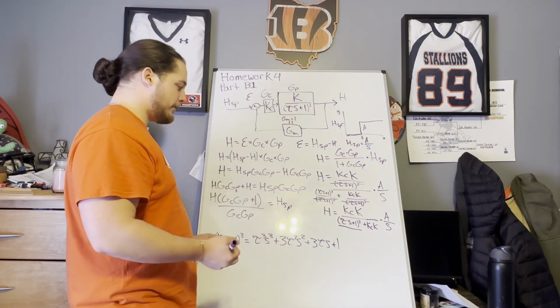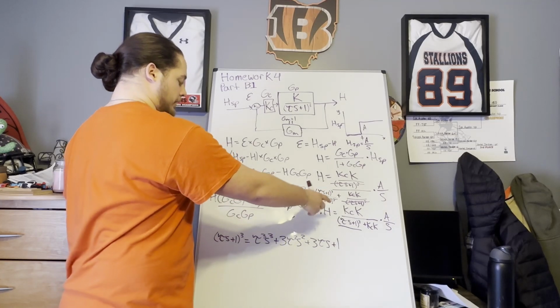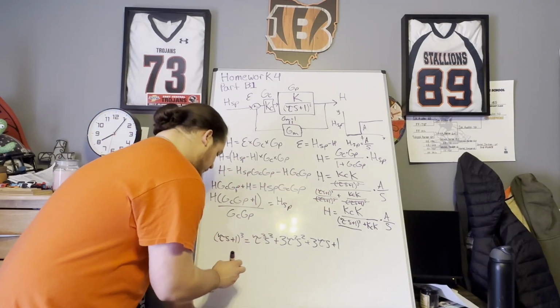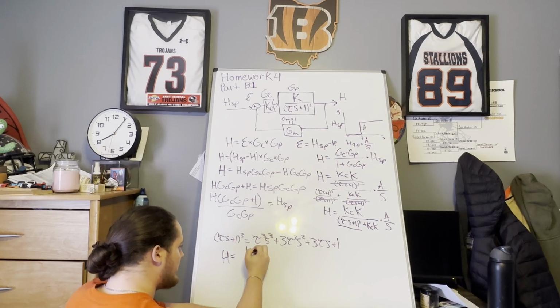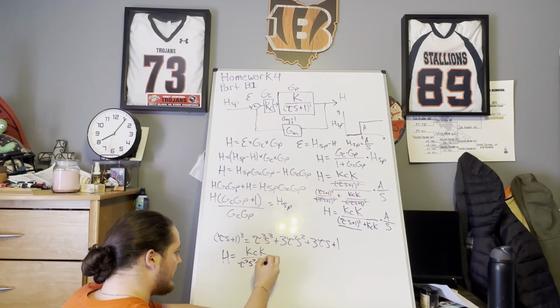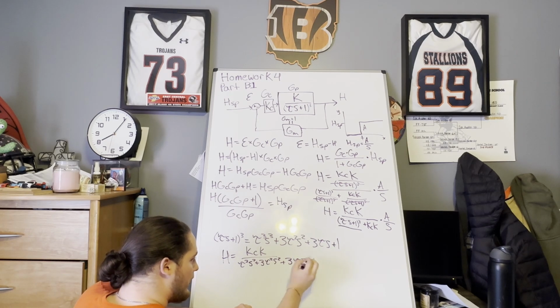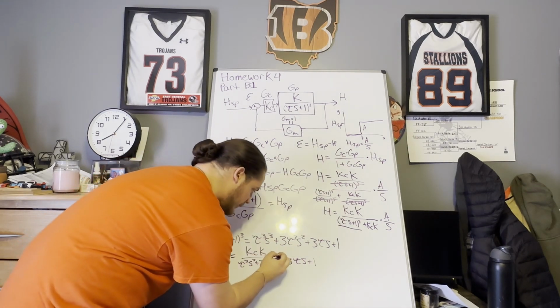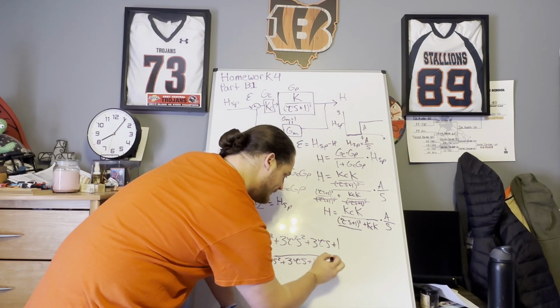Okay, so now that we have expanded it, we can go ahead and return it back into our closed loop transfer function for our height. So our height here is going to be equal to KCK all over tau cubed S cubed plus 3 tau squared S squared plus 3 tau S plus 1, and additionally plus KCK.